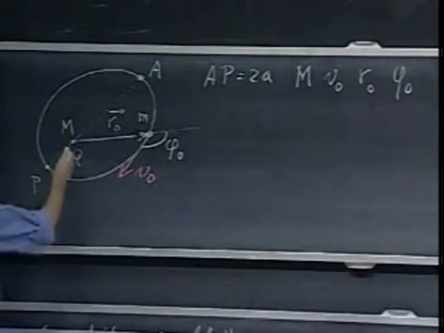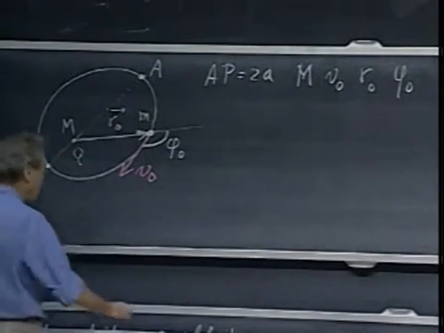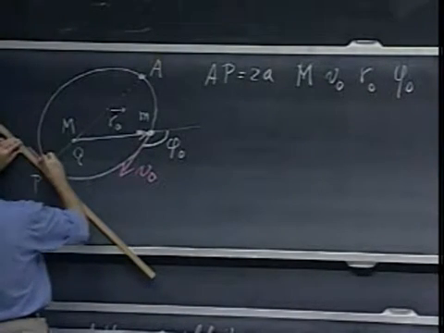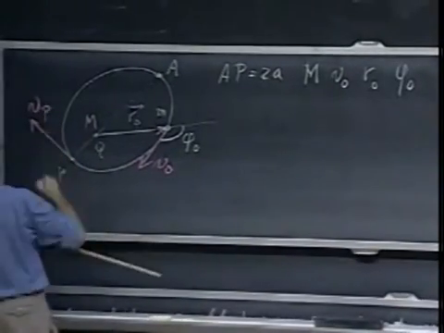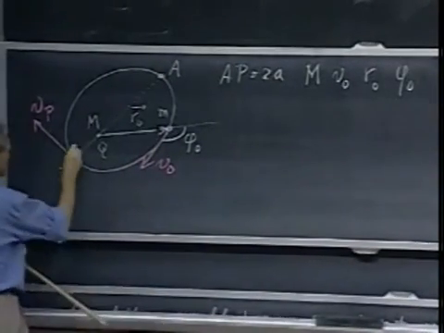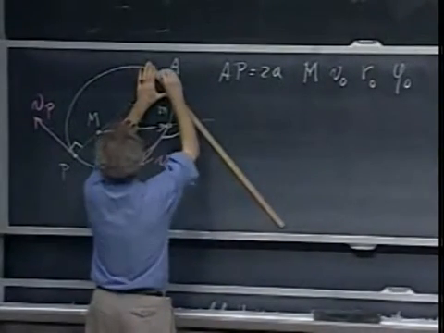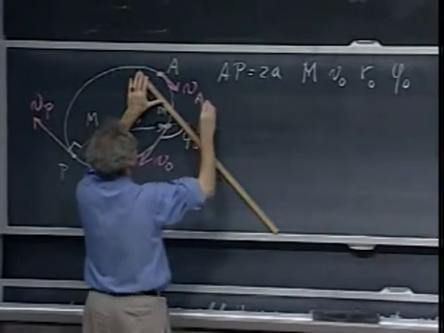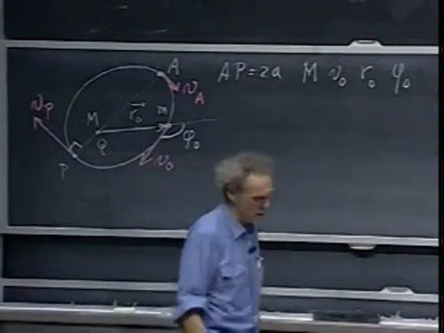Can we find out what QP is? Can we find out what the semi-major axis is? Can we find out what the velocity is at point P, at closest approach, when this angle is 90 degrees? And can we find out what the velocity is when little m is farthest away, apogee? Can we find all these things? And the answer is yes.